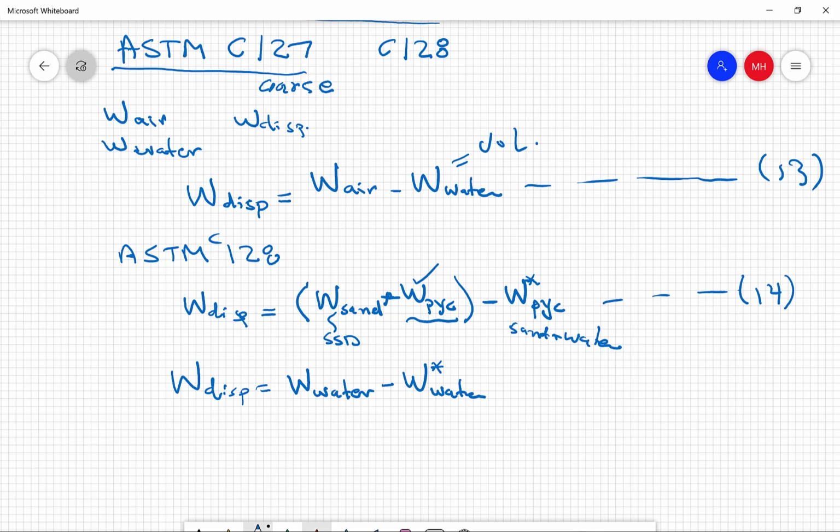This value will be the weight of water in the pycnometer in the absence of sand. No sand here.